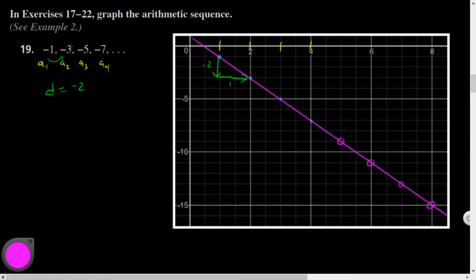I can have a second term, but if I ask you what the 2.5 term was, it's not there. These are like counting things. I can't count fraction or decimal terms. They're just counting numbers. So a line is actually incorrect because I can't have a 2.5 term, even though I might be able to predict what it would have been. This is actually not a continuous function, it's discrete. So it's just the series of points.